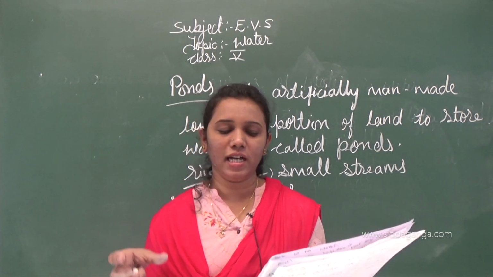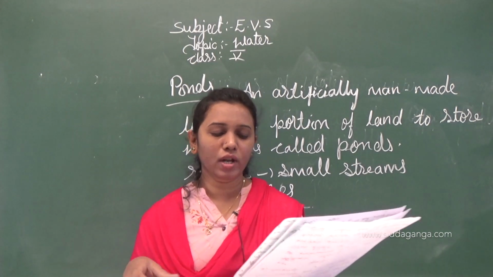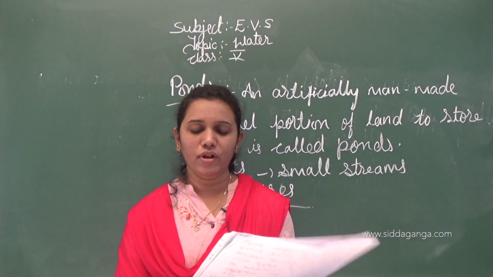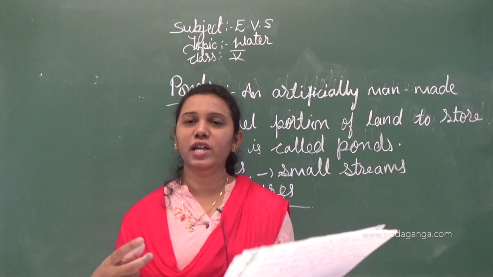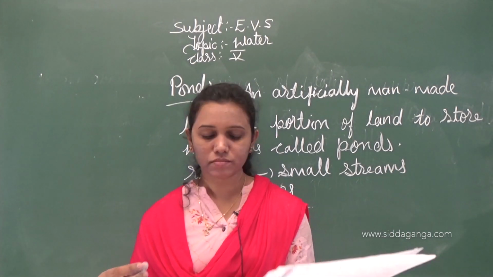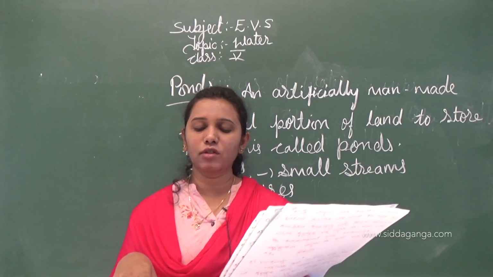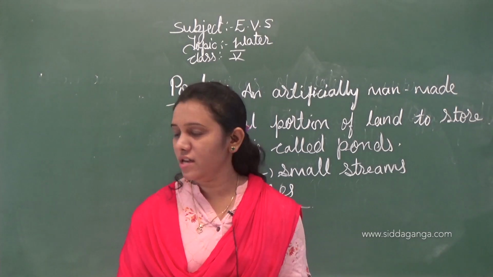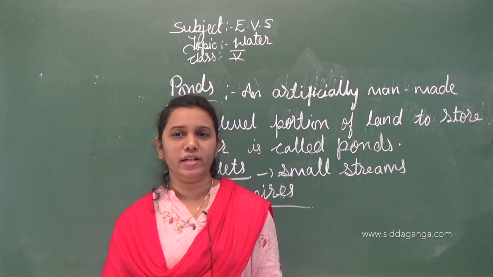So we can see that it doesn't rain throughout the year, only in the rainy season will we get a lot of rain. So some regions of land will be facing water scarcity. In summer season what happened? Or other seasons there is no water.